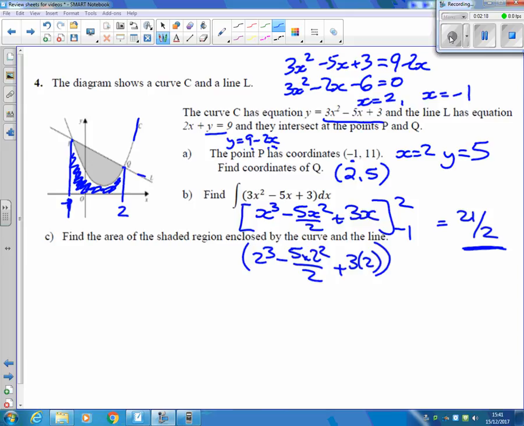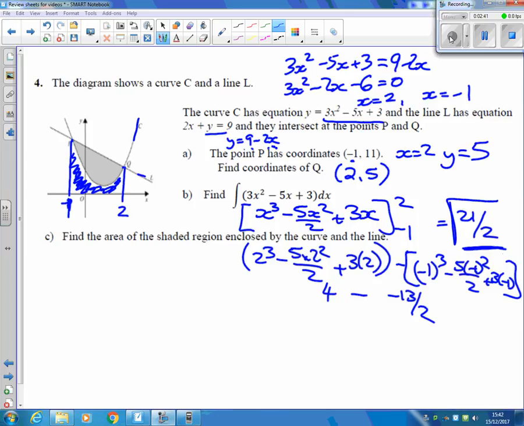I think that works out to be 4. And then the other bit is putting in the minus 1. So I've got minus 1 cubed, take away 5 lots of minus 1 squared over 2, and 3 lots of minus 1. That bit there works out to be minus 13 over 2. And so when I put the 2 bits together, that's how I've got the 10.5 here.